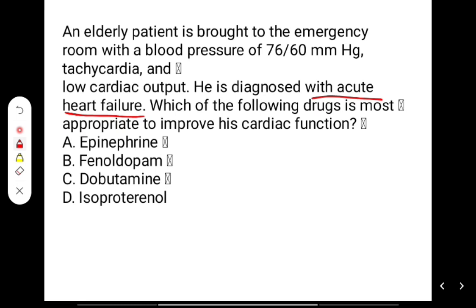The ideal drug which increases the contractility in the heart failure is dobutamine because it is a selective beta 1 agonist. Fenoldopam is a dopamine agonist and it will treat high BP. The other drugs, epinephrine and isoproterenol, are non-selective adrenergic agonists and they can cause side effects.